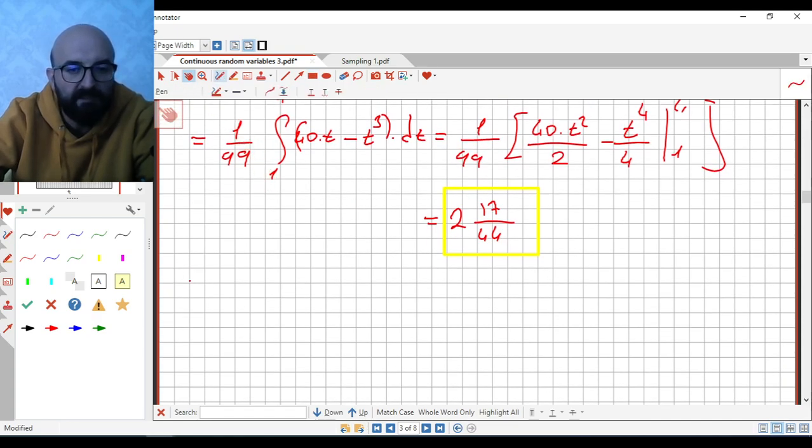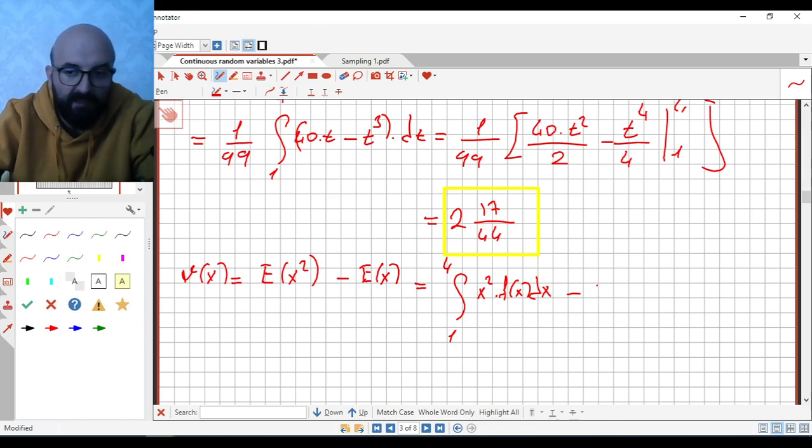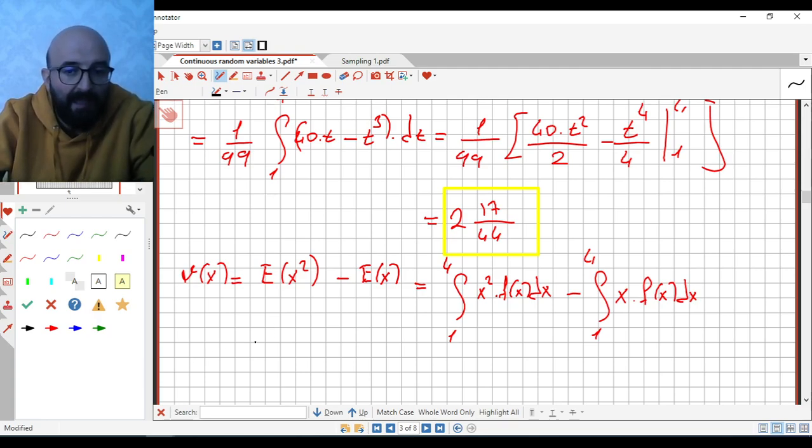And please remember the variance formula: the expectation of x square minus the square of the expectation of x. It means the integration from 1 to 4 of x square multiplied by f(x) dx minus the integration from 1 to 4 of x multiplied by f(x) dx. But our variable is called t, so we should use the letter t.